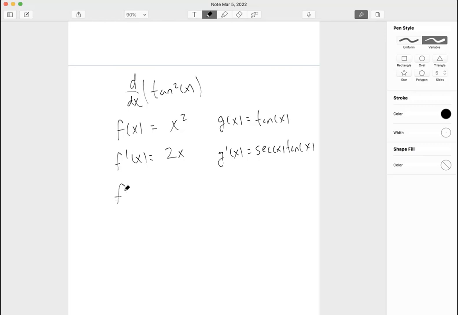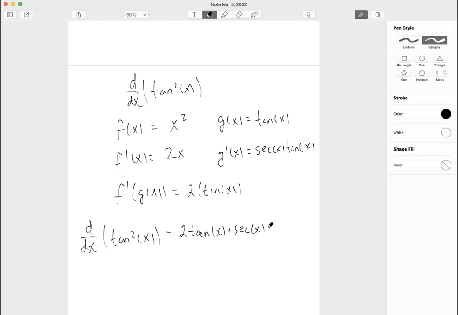So what is f prime of g? It's 2 times tangent. So our derivative of tangent squared is equal to 2 tangent times secant times tangent.